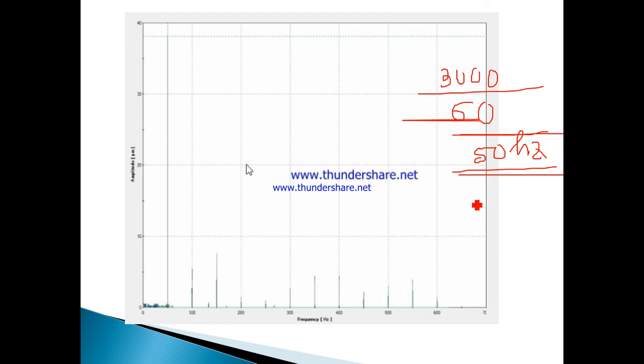Now if you take the FFT, already we learned what the FFT is, through some software we have seen already. You see, this point is 50 hertz, the fundamental, and it gives the highest peak. Then this is 100, second harmonic, 150, 200, 250, 300.